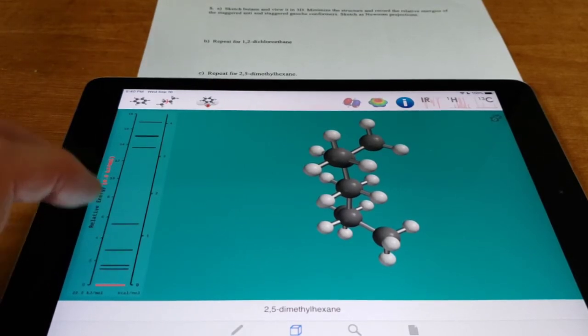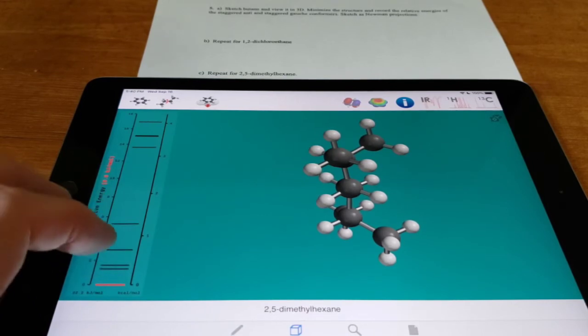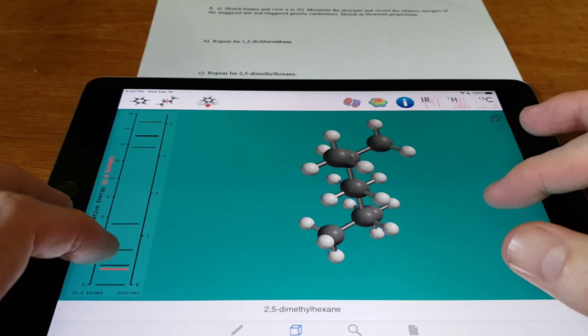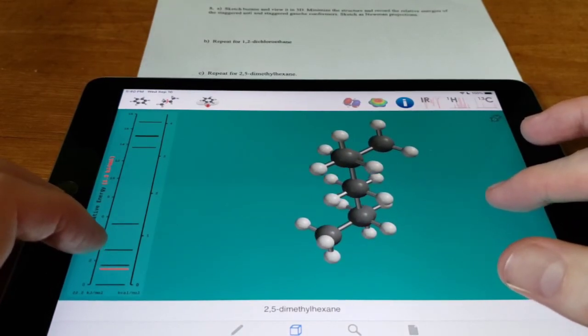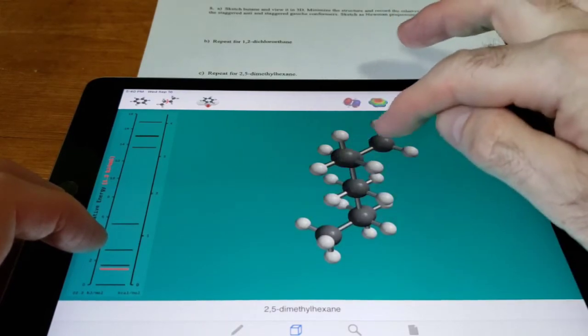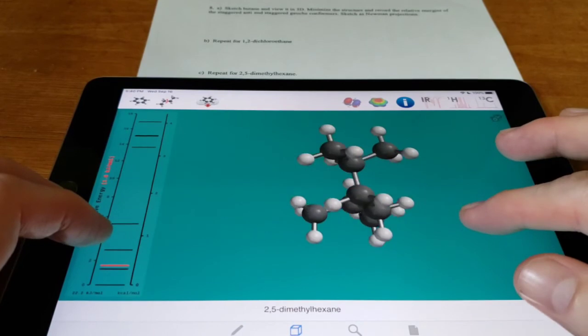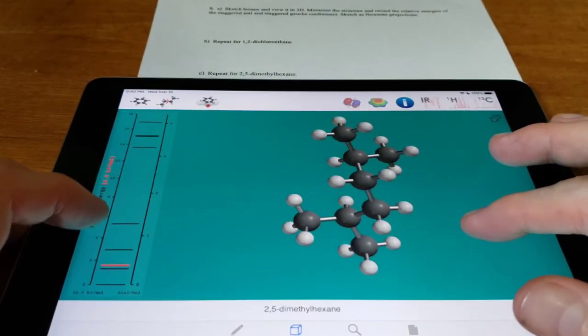If I scan through some of these other available conformations, let's see what we get. That is also something that we would probably call staggered anti. It's just a little bit different in terms of what the ends of the chain are doing. But now this one is gauche.